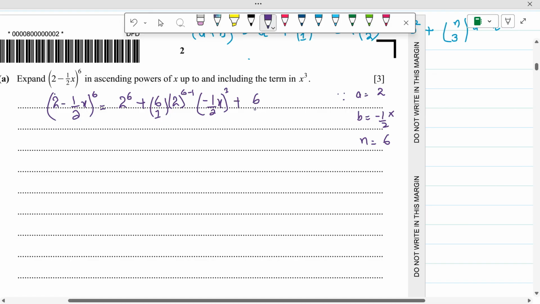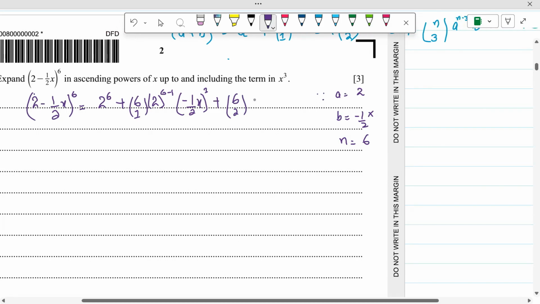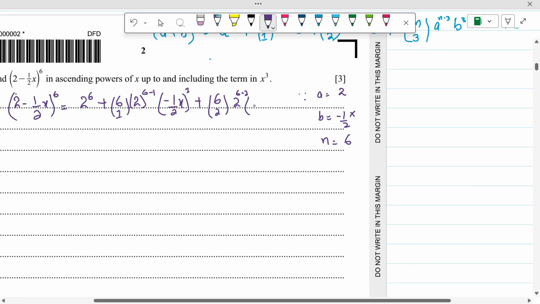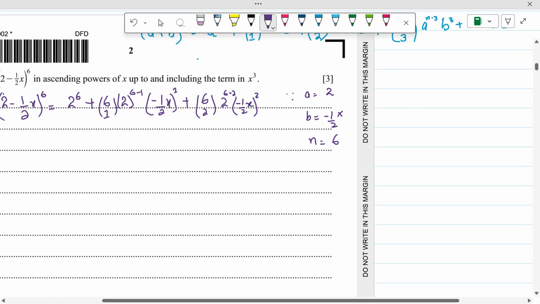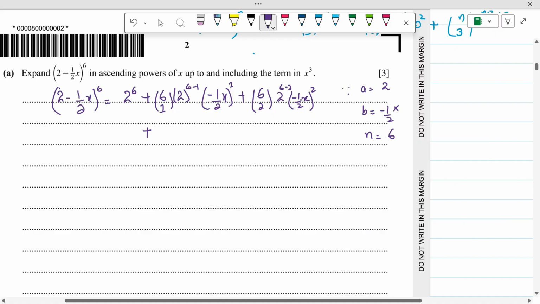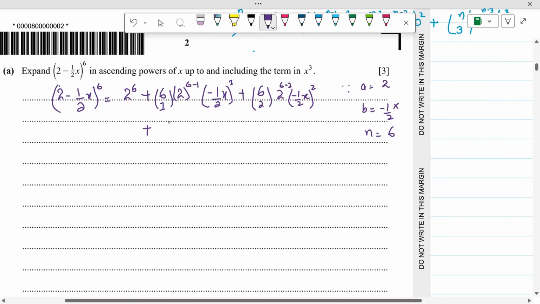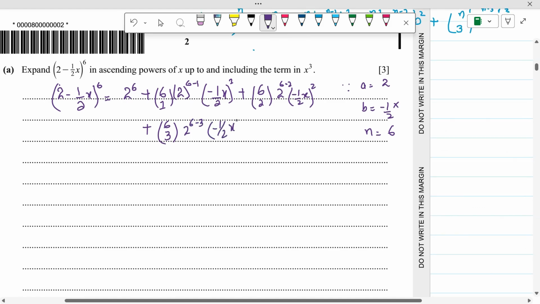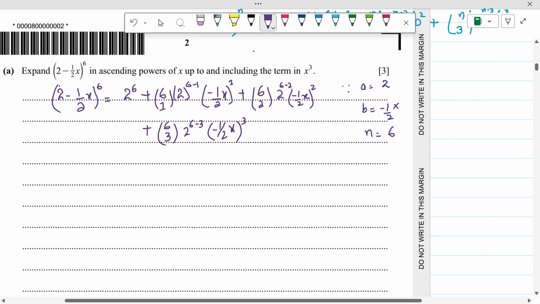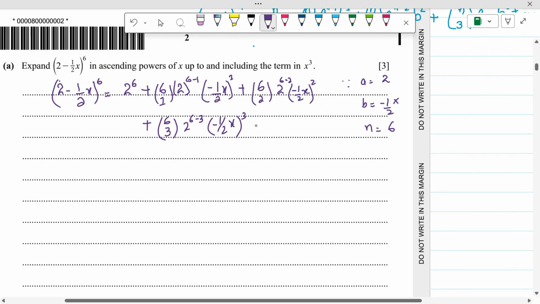Similarly, 6C2, 2 to the power of 6 minus 2 and b, which is negative half x to the power of 2. Similarly, we need to calculate up to x cube. So 6C3, 2 to the power of 6 minus 3 and negative half to the power of 3. When we solve this whole cube, we will get x cube, so we don't need to move further.